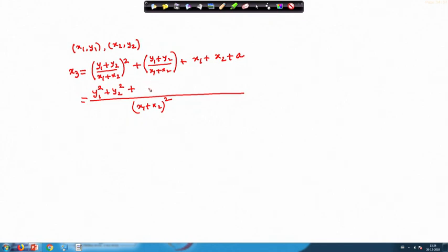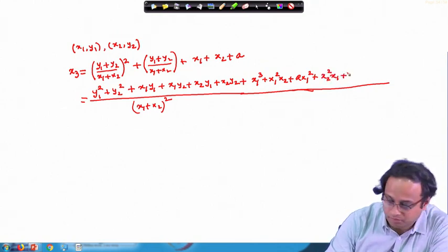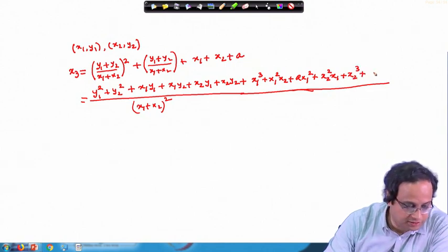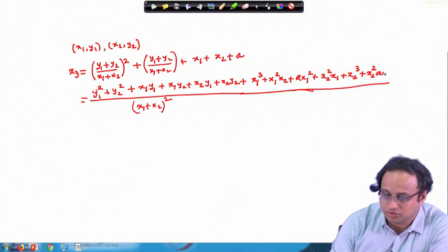So I can write x1 y1 plus x1 y2 plus x2 y1 plus x2 y2, plus some more terms, that is, x1 cube plus x1 squared x2 plus a x1 squared plus x2 square x1 plus x2 cube plus x2 square a. This is my result of the computation.